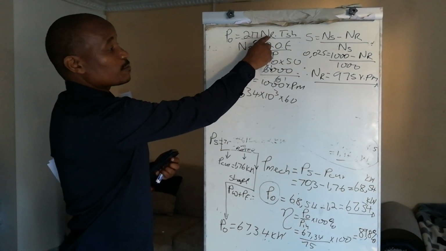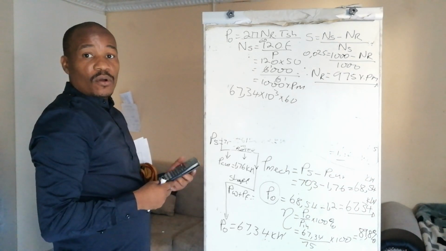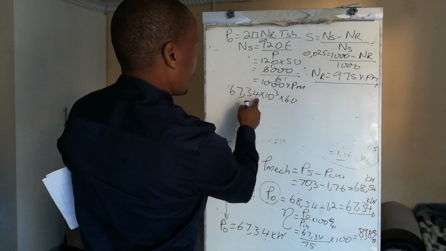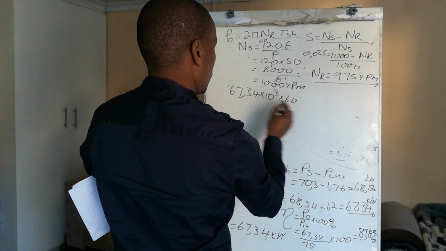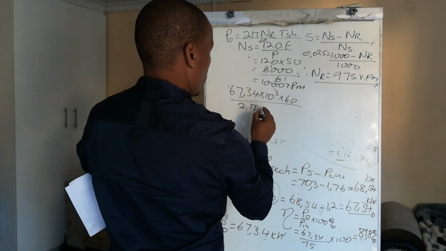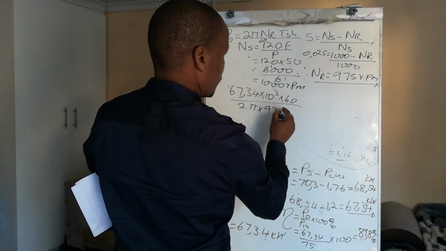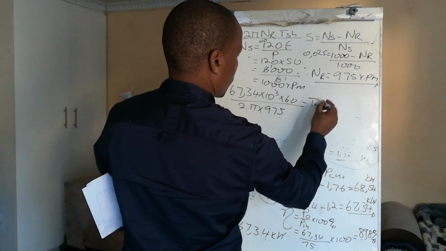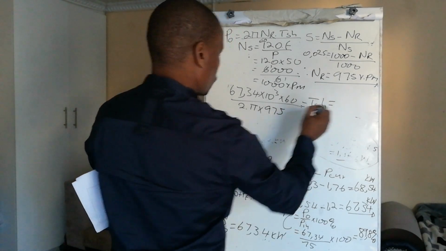To convert that speed to seconds, so we multiply by 60, divide by 2 pi, multiply by 975 as calculated. This is equal to what? The shaft torque.